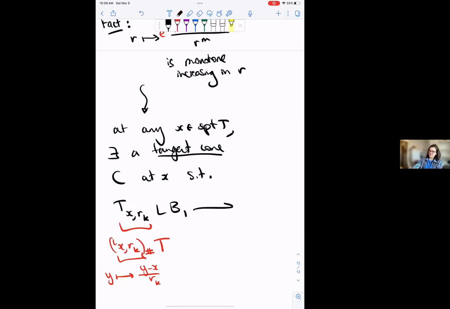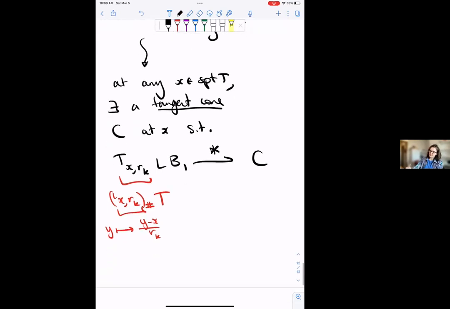So these converge weakly star to this cone C for some sequence of scales going to 0.